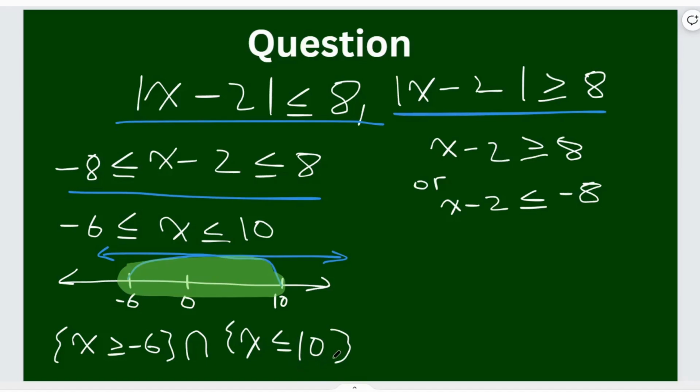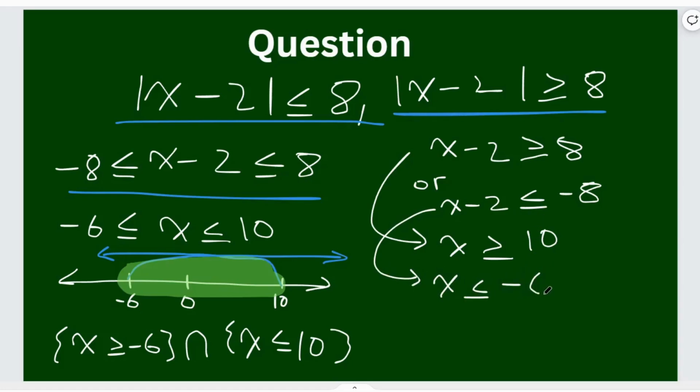And that's your answer. Now for the second question, you have to solve for both of these or conditions. For the first one, you get that x is greater or equal to, adding 2, 10. And for the second one, you get x is smaller or equal to negative 6.